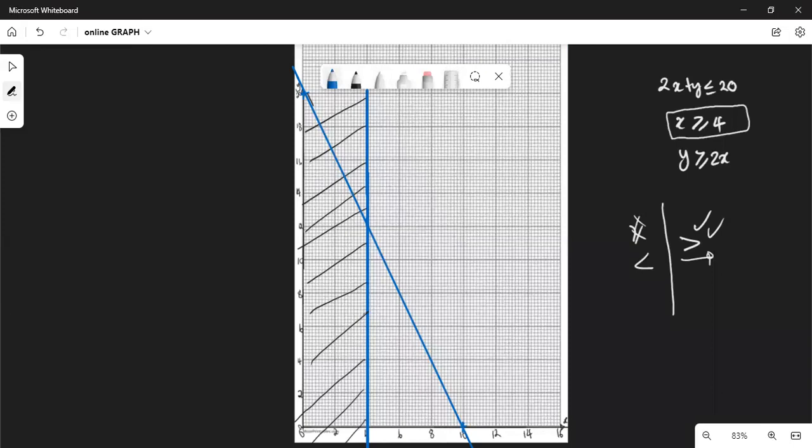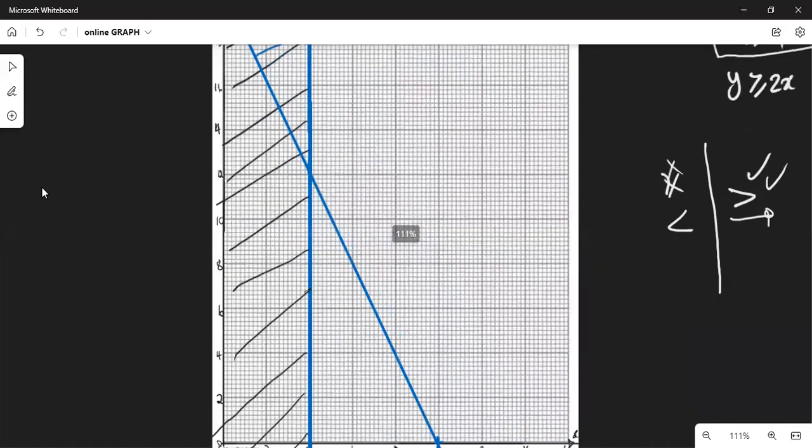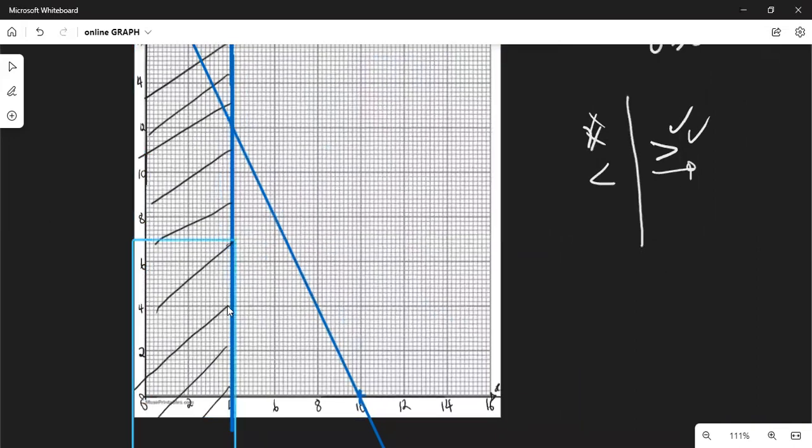So from this part now, we want to see which region we are going to shade. Because remember, you'll be given your equation, you just write down your equation here: 2x plus y is equal to 20. That is our equation in this case. All right, so which side are we going to shade? That is the question now. Are you going to shade this region or this other region?